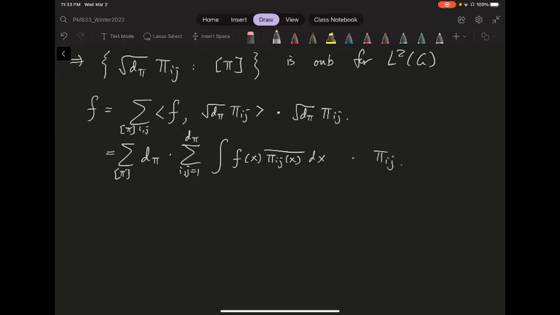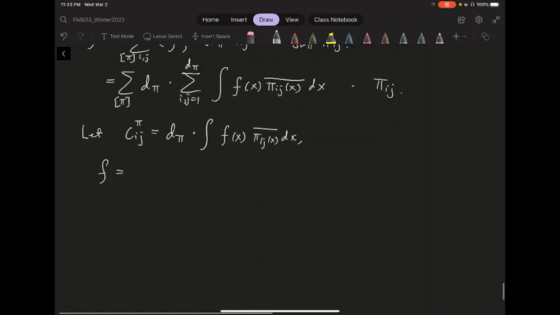If we let c ij of pi be equal to d pi times the integral of f of x, conjugate pi ij of x dx, then what you end up with is an L2 expansion of your f. Your f becomes the summation over all the irreducible unitary classes, and then the sum over all the ij going from 1 to d pi of these c ij pi times a basic matrix coefficient.